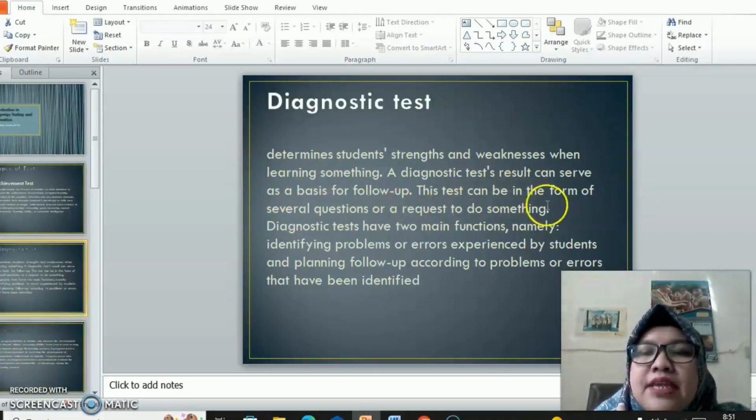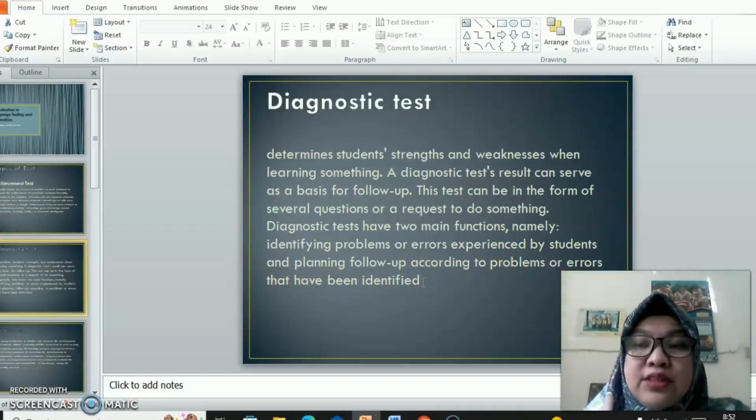This test can be in the form of several questions or a request to do something. Diagnostic tests have two main functions, namely identifying problems or errors experienced by students, and planning follow-up according to the problems or errors that have been identified.